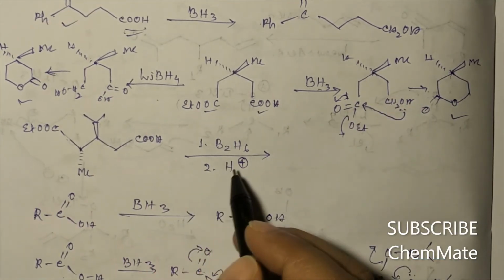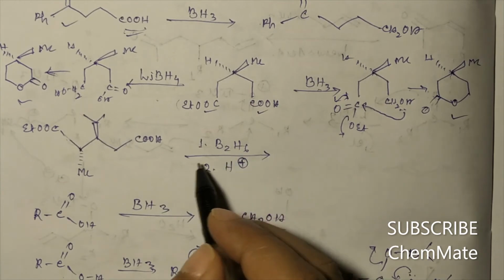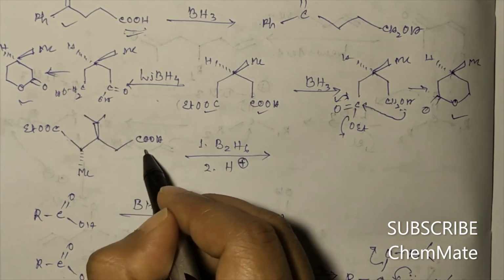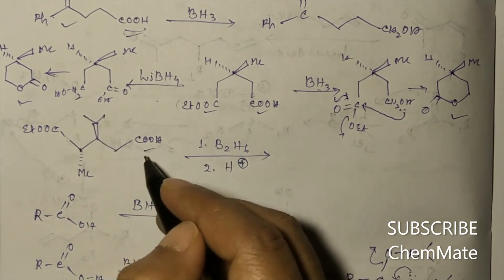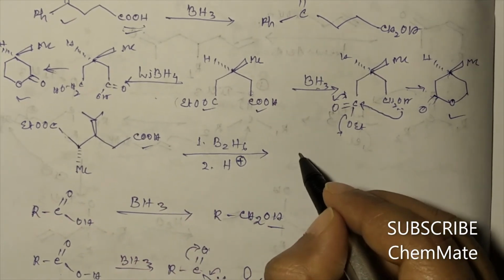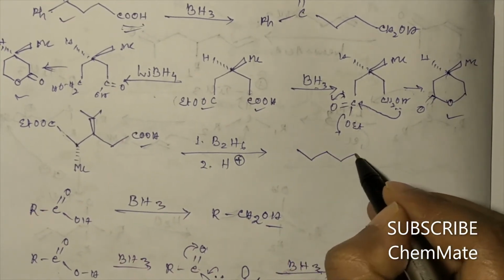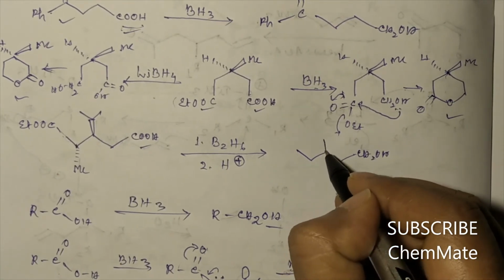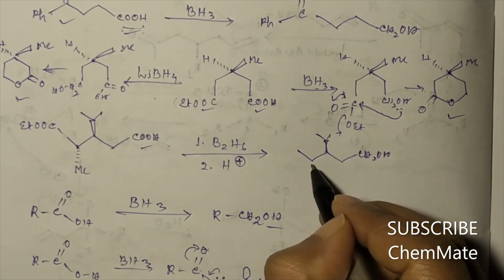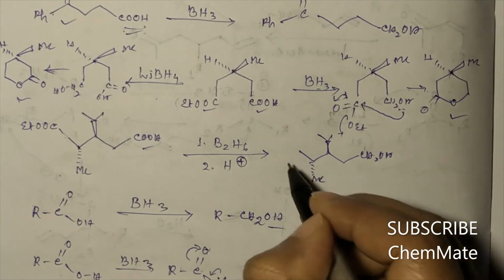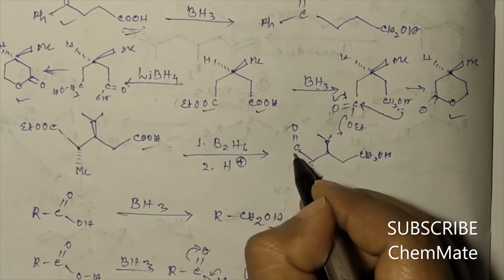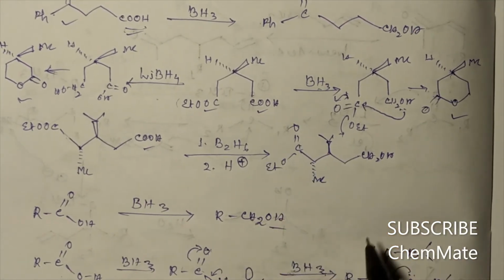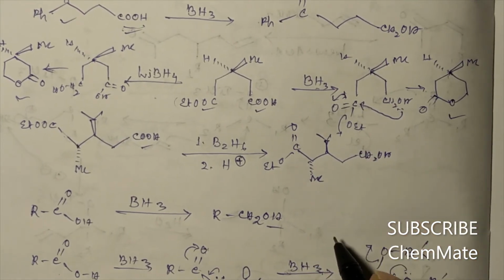As well as here another example, if it is treated with B2H6, then this COOH group will be reduced. So the product will be CH2OH, it will be same. Now it will undergo cyclization.